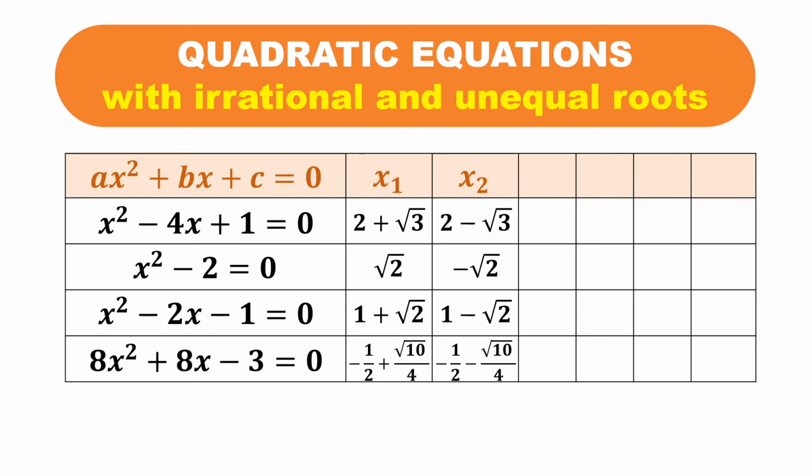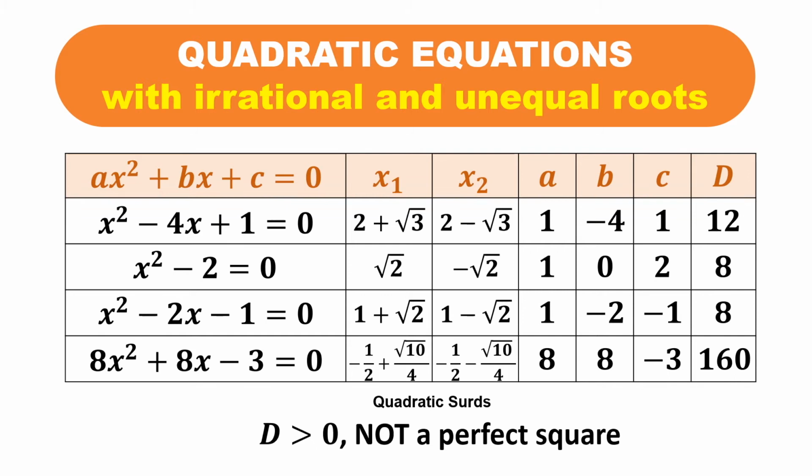Together, they are described as quadratic surds. Quadratic surds will be discussed in a different video. Also, if you will calculate the discriminant, the value of d of each of these quadratic equations is greater than 0, but is not a perfect square.